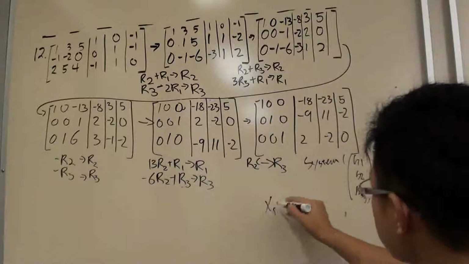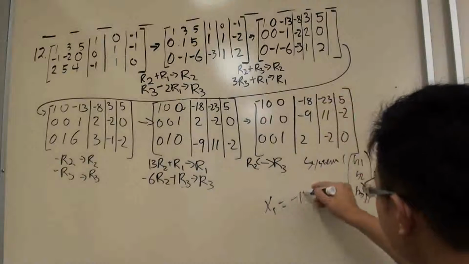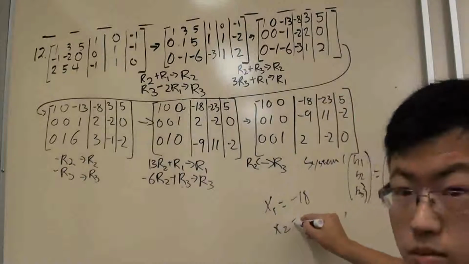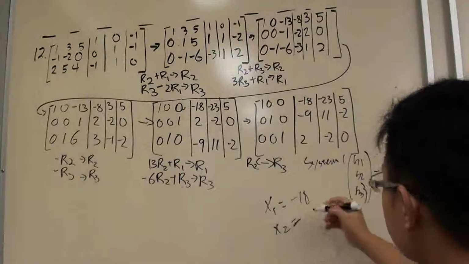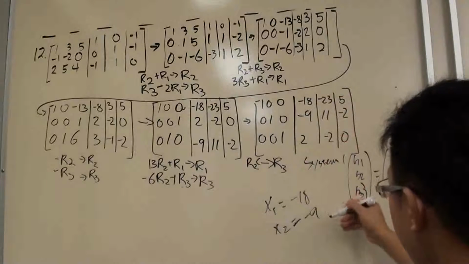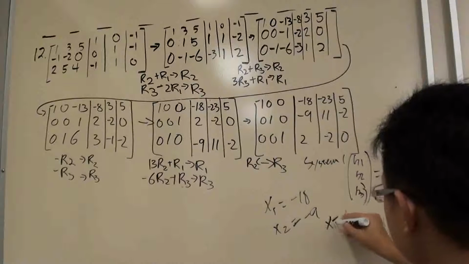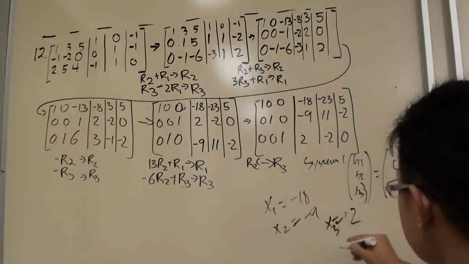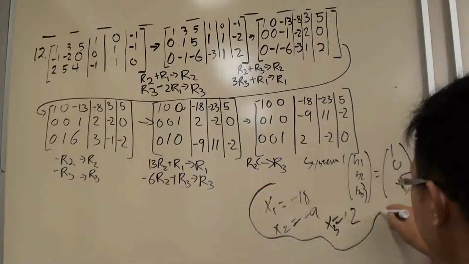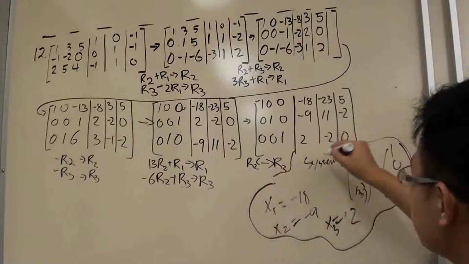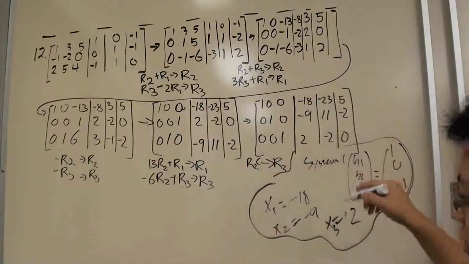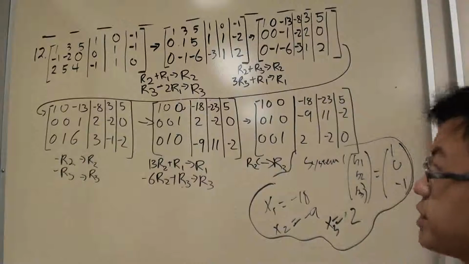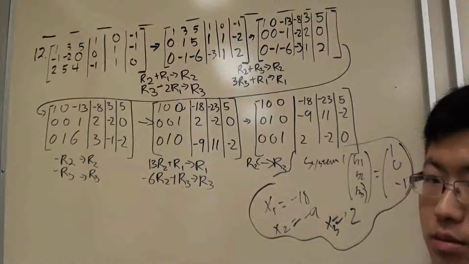Then x1 is going to be negative 18, x2 will equal negative 9, and x3 equals 2. Maybe write a little better than this, but you get the idea. So system 1, system 2, system 3. Do the same thing with the respective numbers, and then you should be good to go.